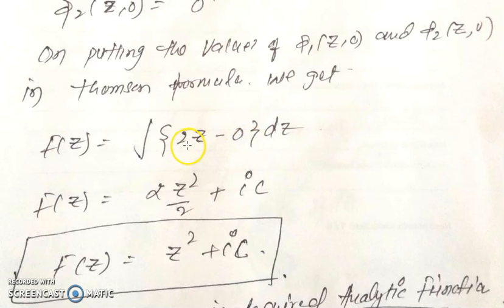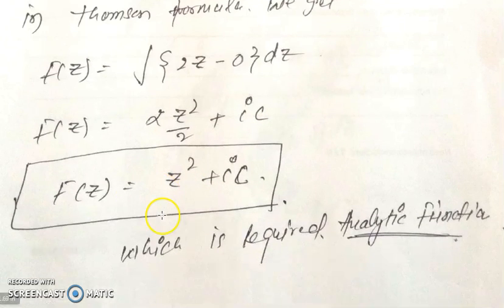After integrating we have f of z is equal to 2z square by 2 plus iota c. So finally we have f of z is equal to z square plus iota c, which is our required analytic function. So this is the way to find out the analytic function when we have the real part of the function. Thank you.